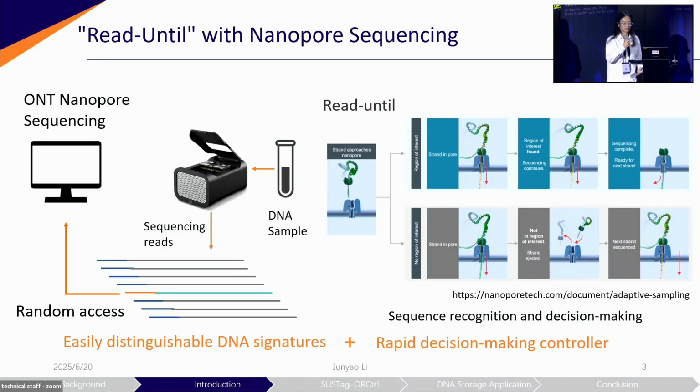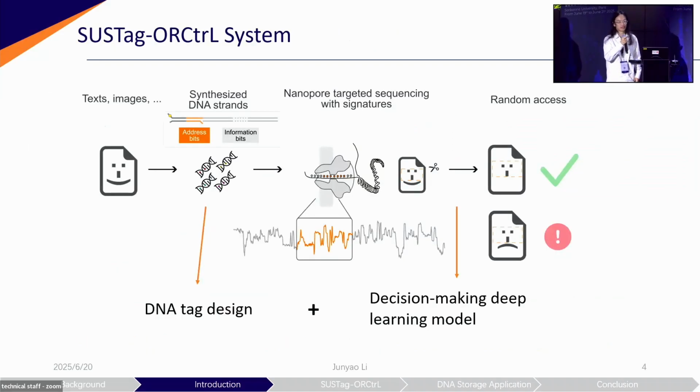To make this process truly practical, we think we need two things. The first is easily distinguishable DNA signatures, and the second is a rapid decision-making controller. To address these challenges, we present our system called the SUSTag-ORC system. This system consists of two components. The first component is SUSTag, a set of DNA tags which act as address bits.